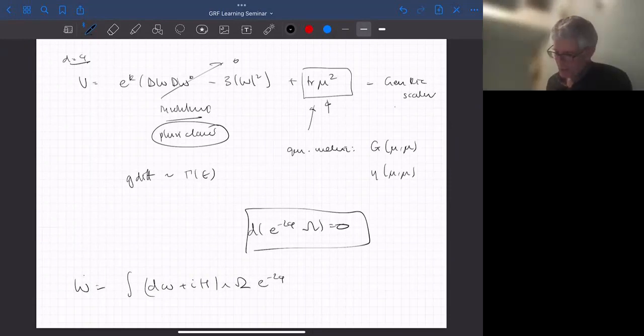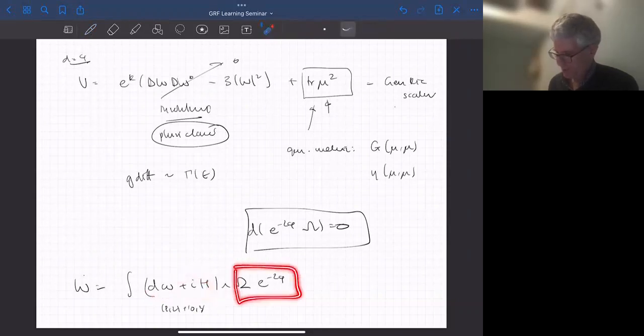When you vary this holomorphically, it tells you that the 1,2 plus 0,3 components of this thing have to vanish. And when you vary these guys, it tells you that this thing is closed.